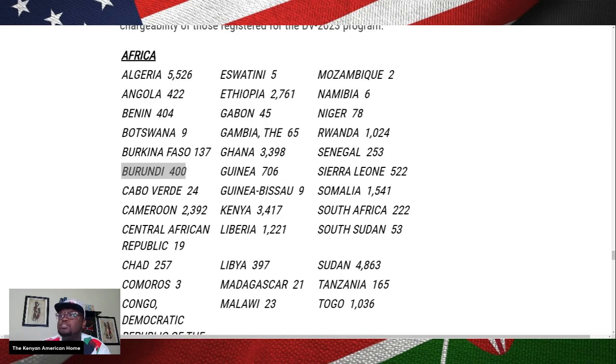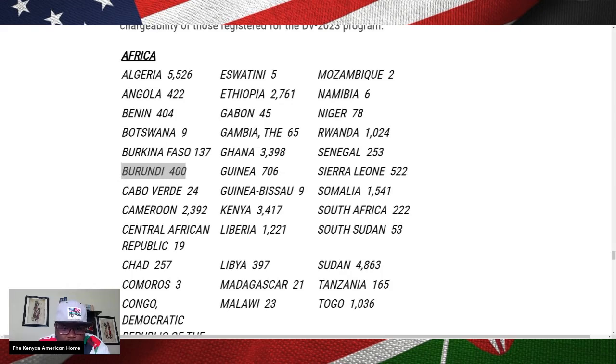I'm trying to look here at the visa bulletin. So they didn't publish it in, let me see, September. This is for DV 2024. DV 2024 is the one that people applied for last October and November, and they got their results in May of this year.